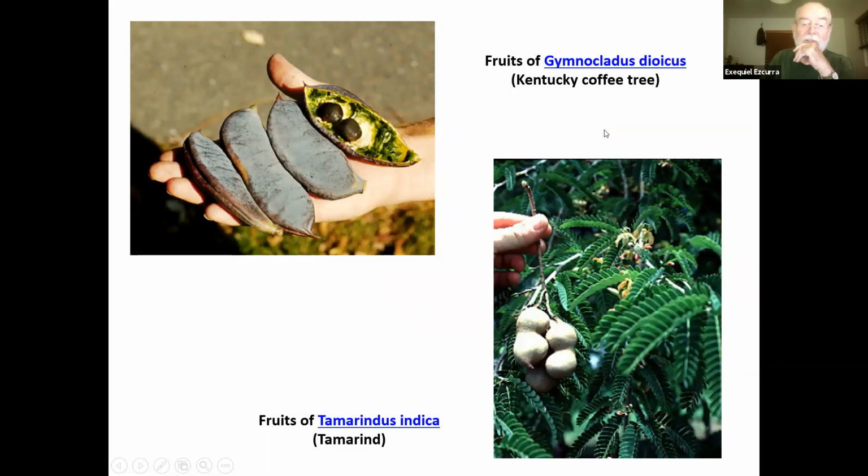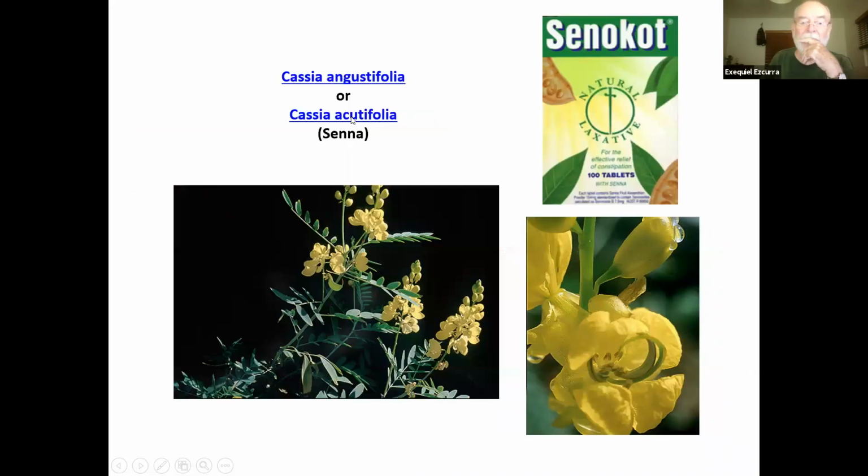It has been used and is still used in some parts to make coffee. If you roast the seeds and you grind them, you have to roast them well because they're toxic. Remember we talked about lectins in legumes, but if you roast the seeds very well and then grind them, they make something that tastes like coffee, and an acceptable, passable drink, let us call it that way.